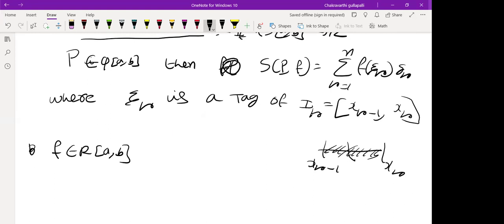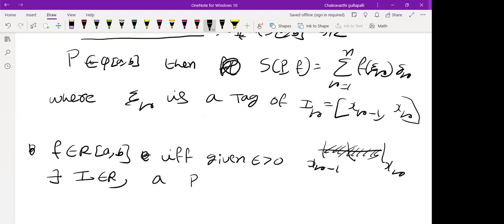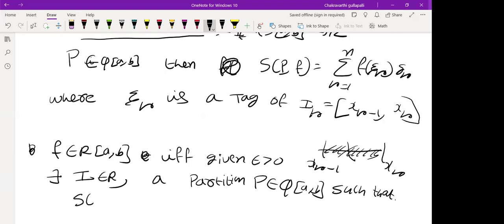f belongs to R[a, b], then f is said to be Riemann integrable if and only if, given epsilon greater than 0, there exist a real number I and a partition P of [a, b] such that S(P, f) goes to I as n tends to infinity.